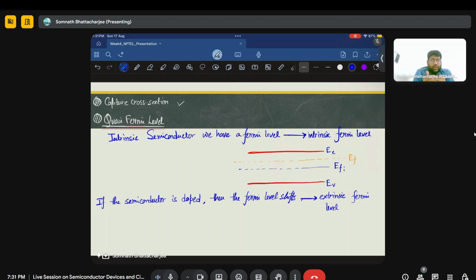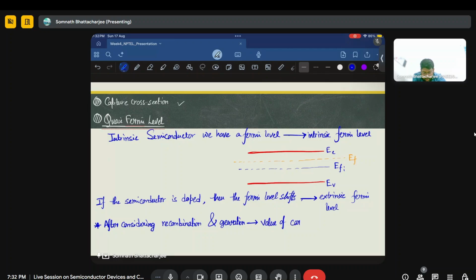Now, what happens in this case is that, until now we had not considered the concept of recombination and generation. After considering this phenomenon of recombination and generation, the value of carrier concentration changes.